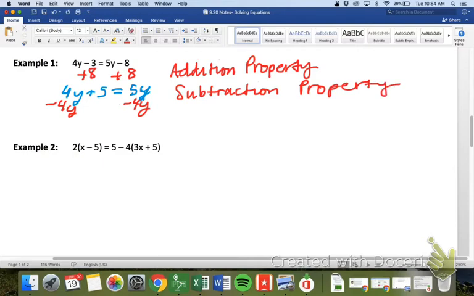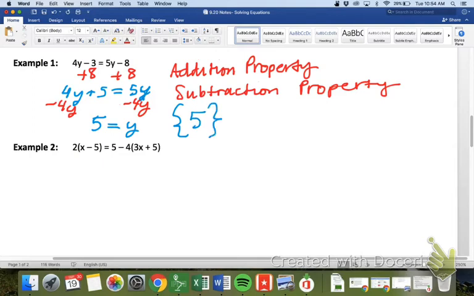And my new equation, which should have the same solutions, right, is going to be 5 equals 5y minus 4y is 1y, which is just y. And now I've arrived at my solution where I have y equals a number, right? So this tells me that my solution set is 5. And I can write it in set notation with the squiggly brackets as 5.